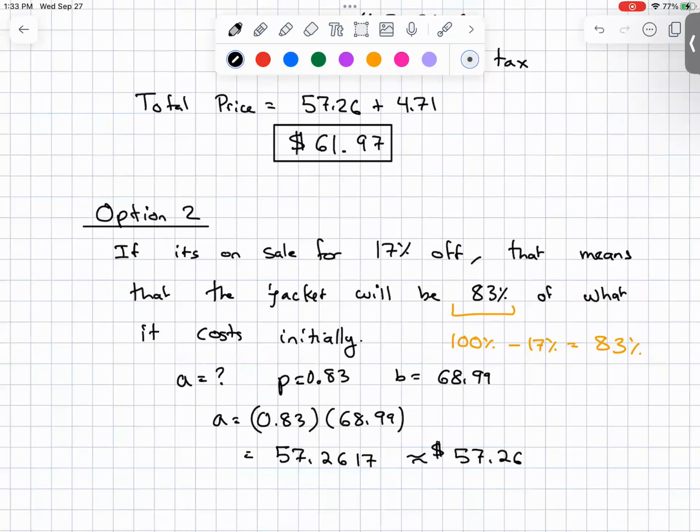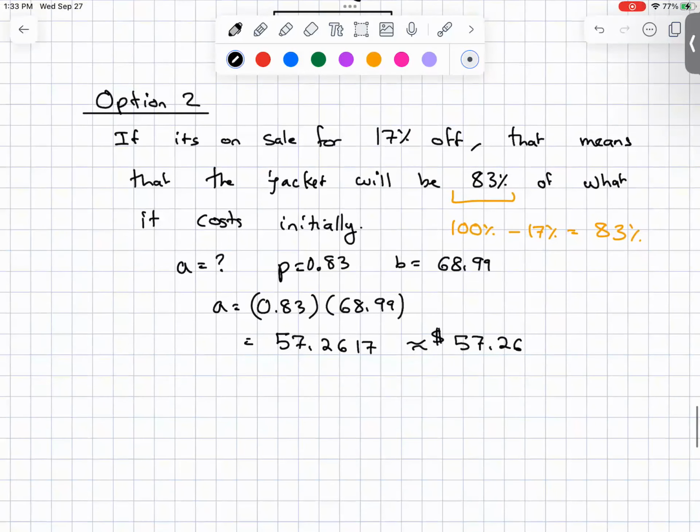because now that we have this, now we can do the sales tax. So part 1, and then now this is the other thing.